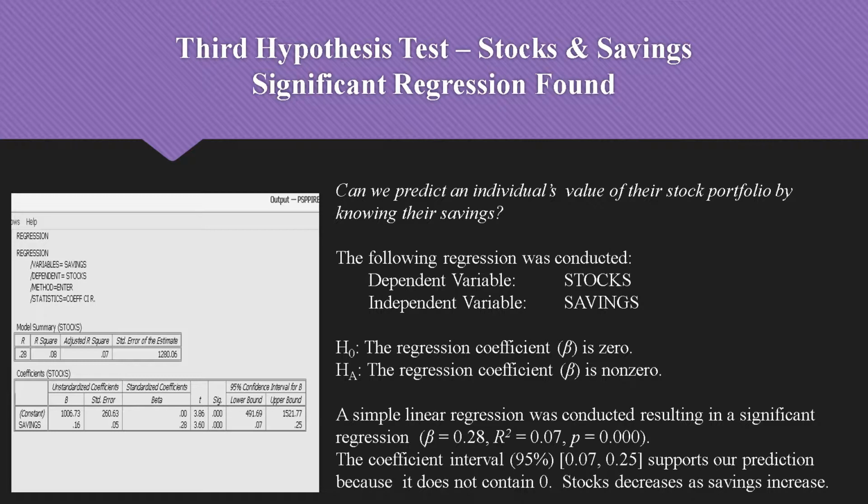The coefficient interval of 95%, here, this is telling us that the sample data lies between 0.07 and 0.25. This supports our prediction also because it does not contain 0. So our conclusion here, stocks decrease as savings increase.